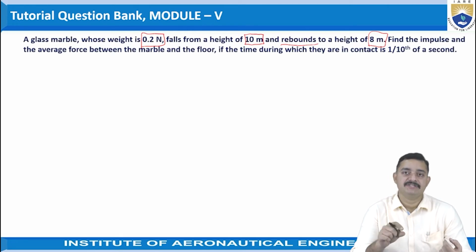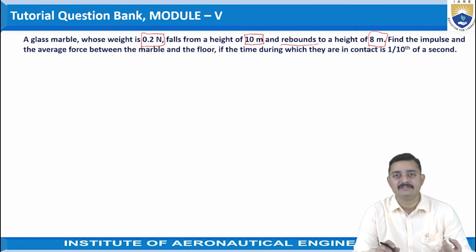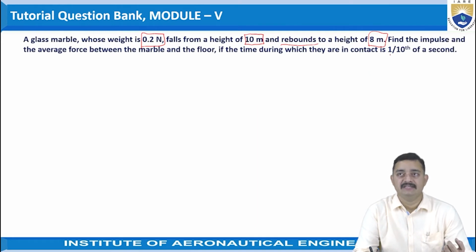The glass touches the ground with some force, and this impact continues for a fraction of a second, a small interval of time, given here as 1/10 of a second. Then find the impulse and the average force between the marble and the floor.